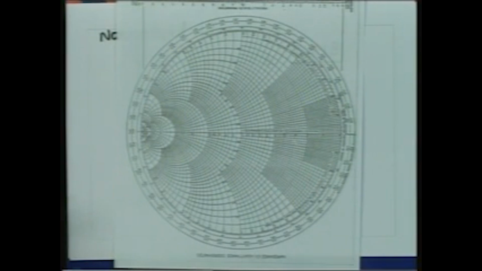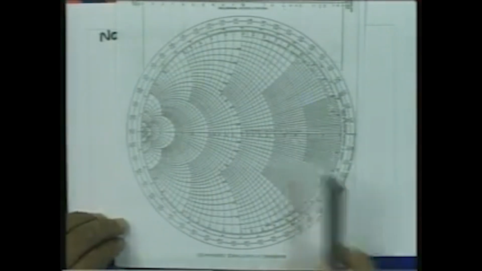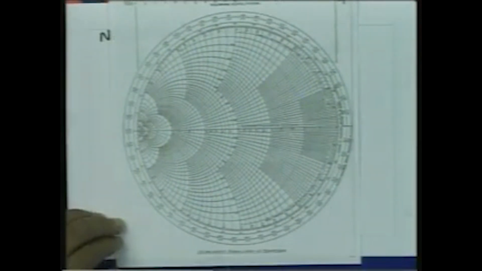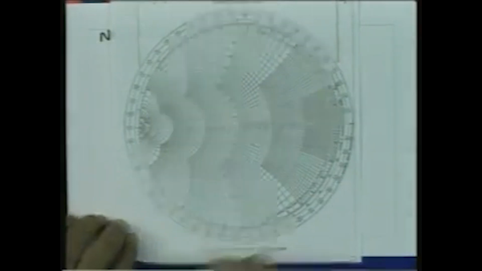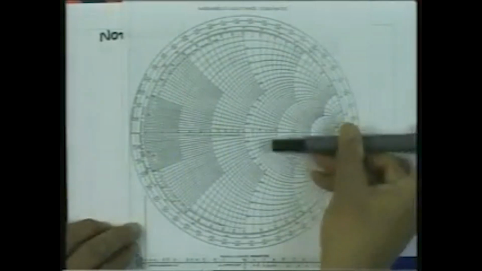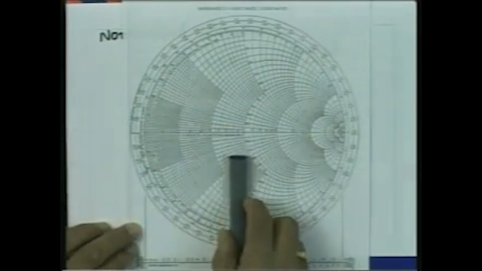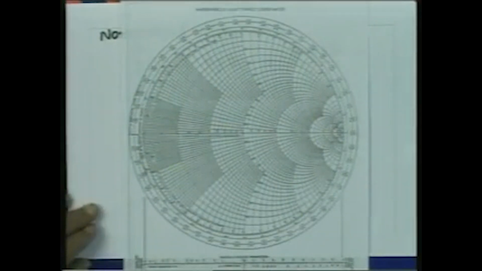So, now there are two things. If I keep the axis for the complex reflection coefficient same, then the Smith chart will be rotated by 180 degrees. Alternatively, I can keep the Smith chart same and rotate the complex gamma axis by 180 degrees whenever I do the calculation for the admittances.